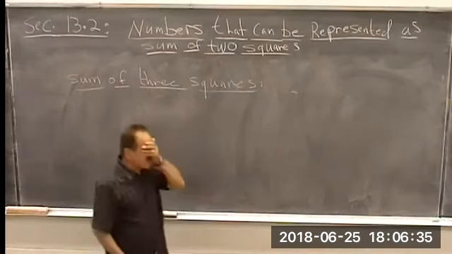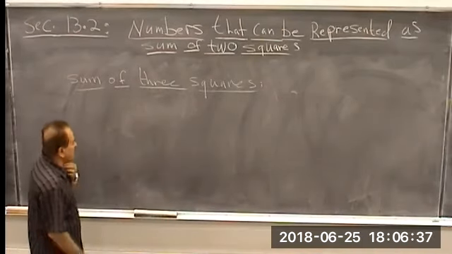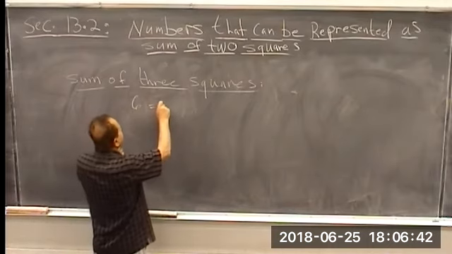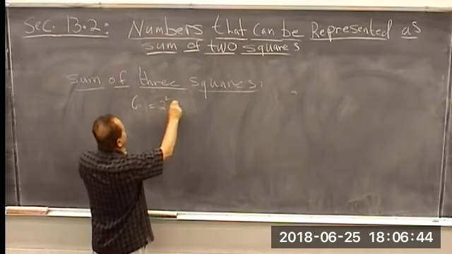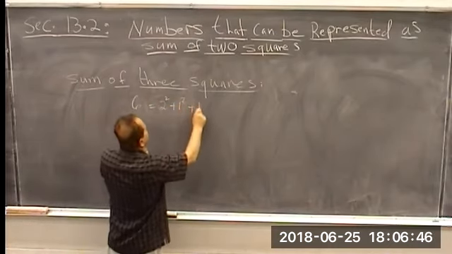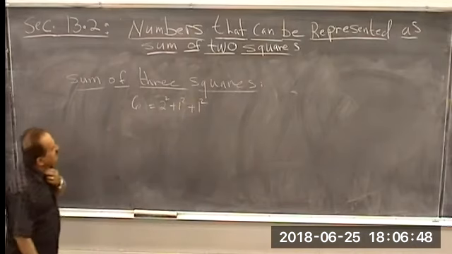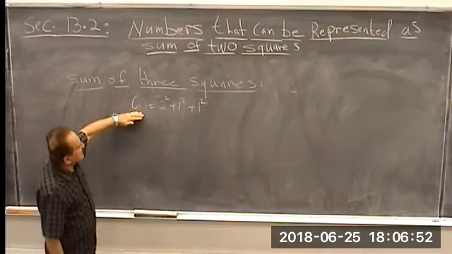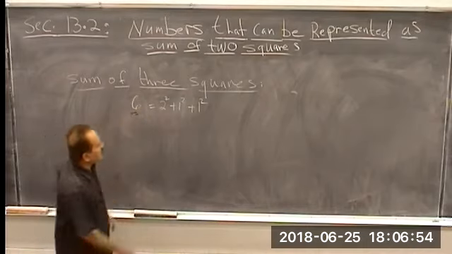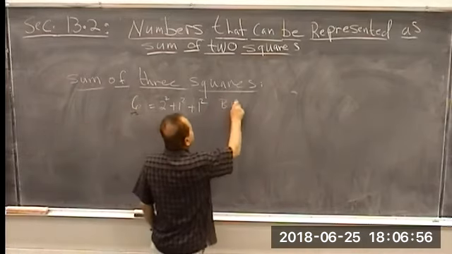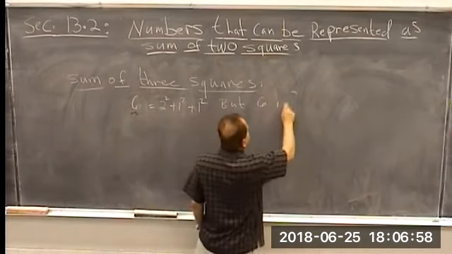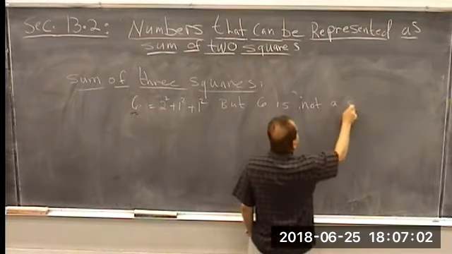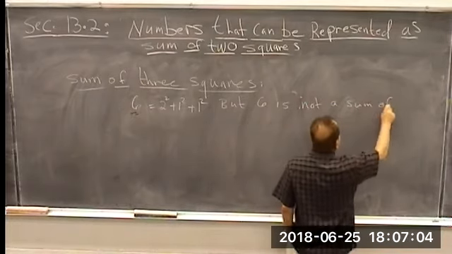One of the numbers that we don't have as the sum of 2 squares was 6, I guess. 6 is 2 squared plus 1 squared plus 1 squared. So 6 can be written as a sum of 3 squares, but 6 is not a sum of 2 squares.